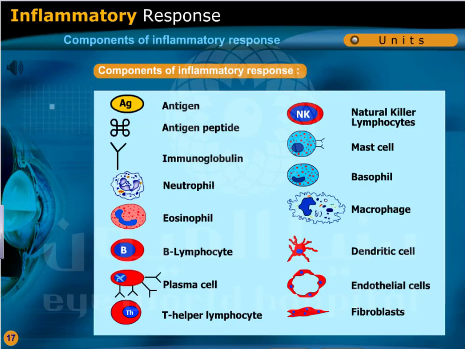The inflammatory cells include antigen, antigen peptide, immunoglobulin, neutrophil, eosinophil, B lymphocytes, plasma cell, T helper lymphocytes, natural killer lymphocytes, mast cell, basophil, macrophage, dendritic cell, endothelial cells, and fibroblasts.